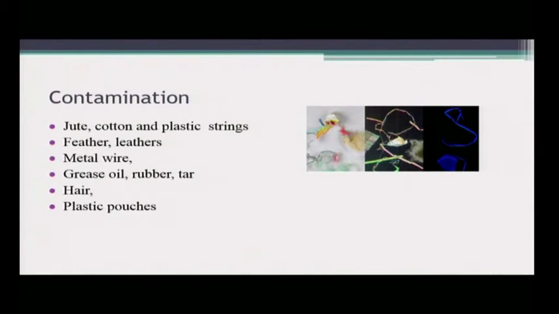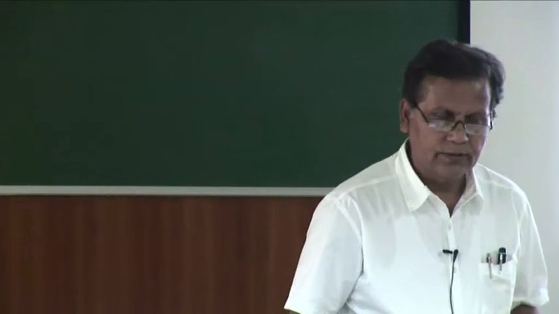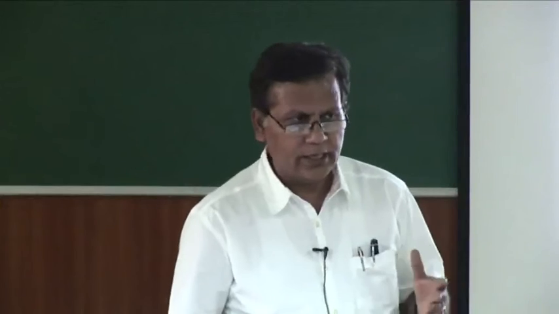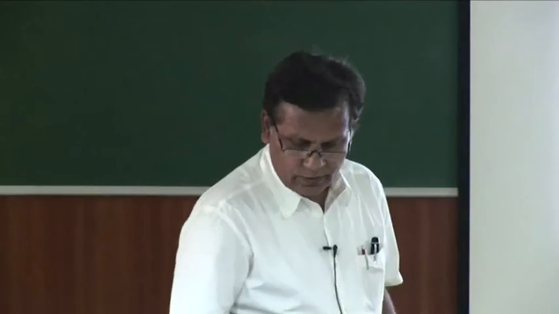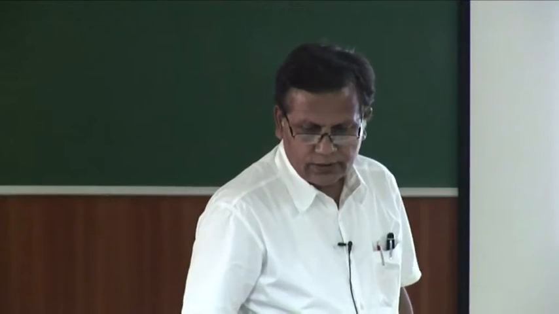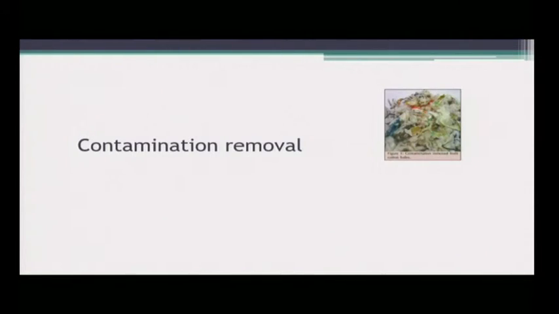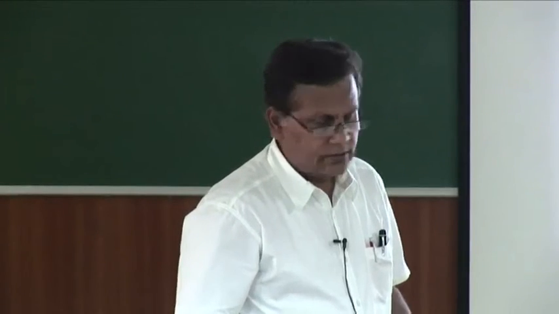Natural impurities are normal trash, seed fragments, leaf fragments. The machines have been designed to take care of those natural impurities, but not these ones. But these are the things which are creating more problems nowadays. So the first thing is how to get rid of the contamination, which is mainly because of human negligence.